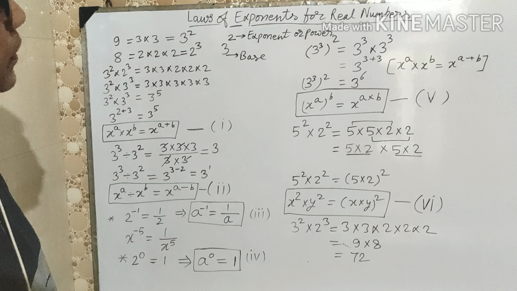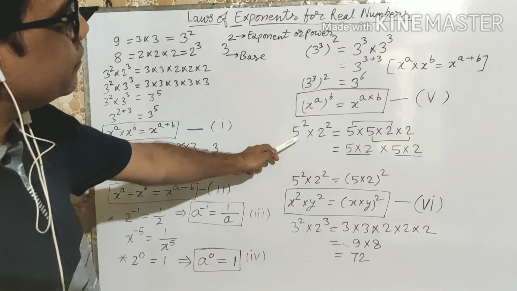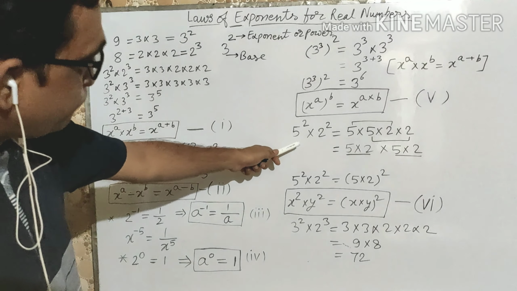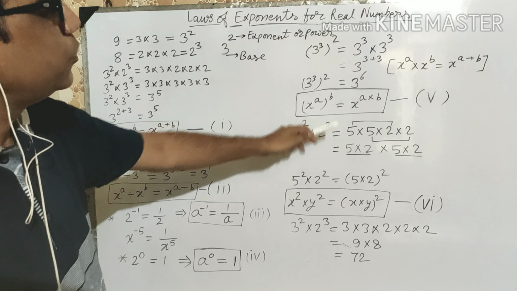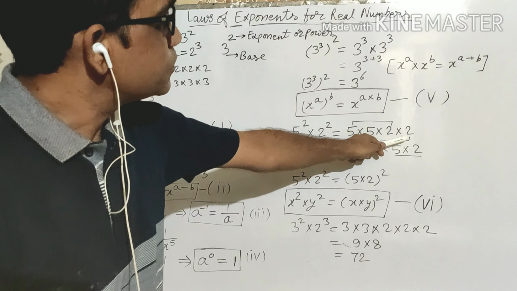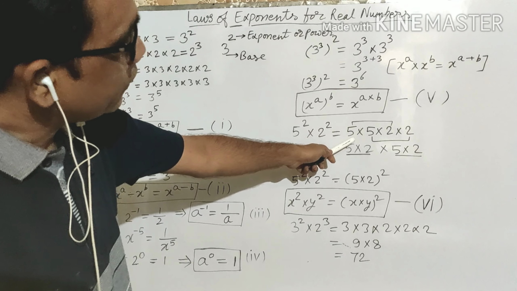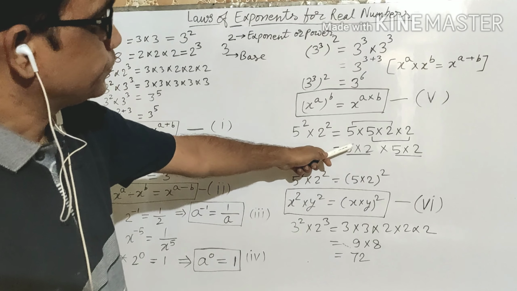Take another example. Here exponents are the same but bases are different. 5 to the power 2 into 2 to the power 2. Here 5 comes 2 times and 2 comes 2 times. Now rearrange them. So here are two pairs of 5 into 2.